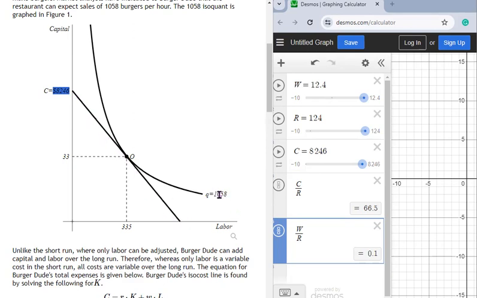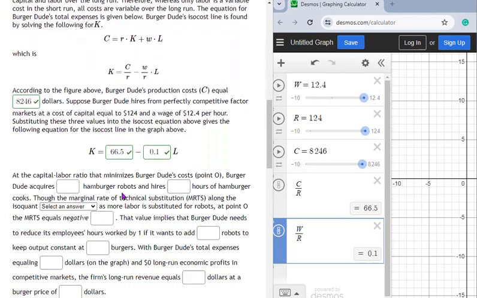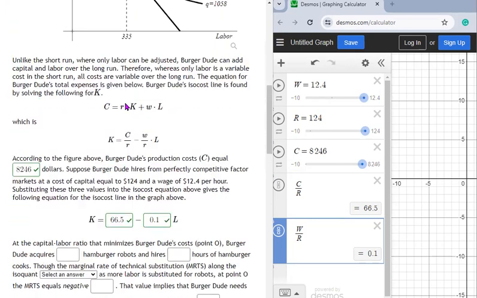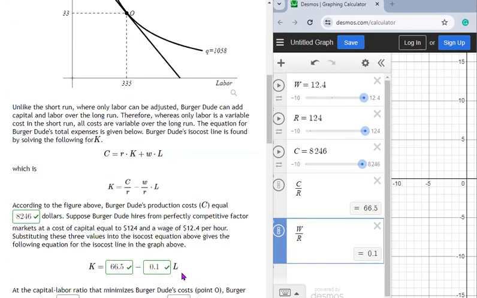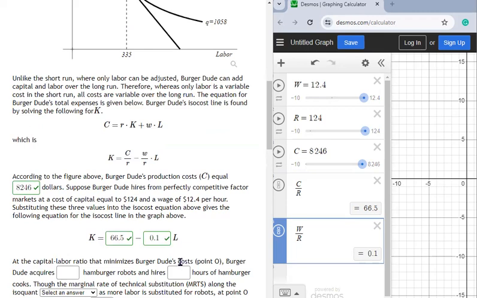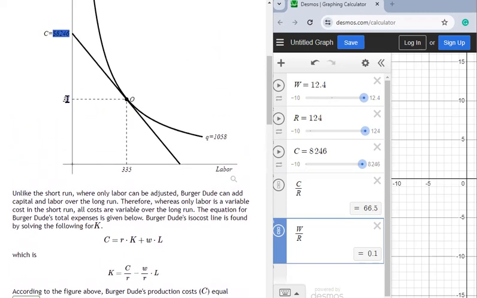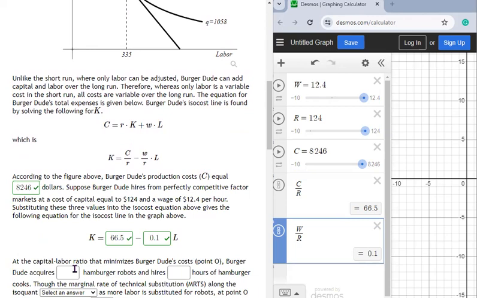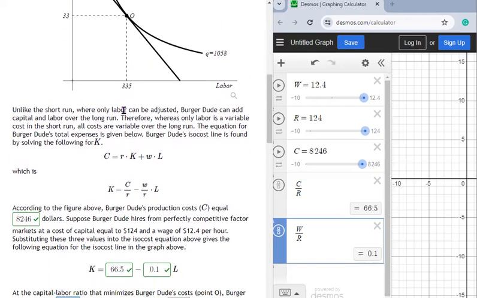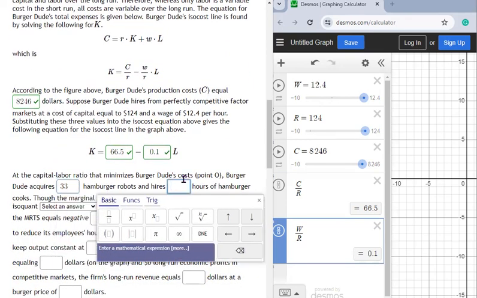Just like this is the value of quantity of burgers produced along this curve, right? Now at the capital labor ratio that minimizes Burger Dude's cost, Burger Dude acquires 33 hamburger robots and hires 335 hours of labor.